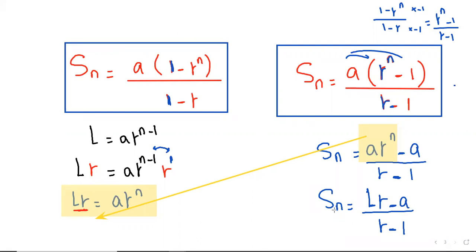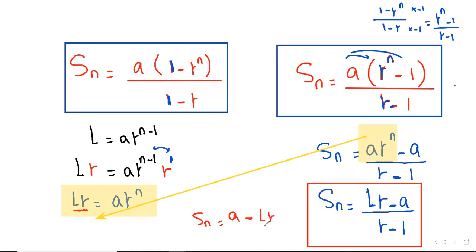So we have two rules to find the sum of a geometric series. Sn equals A multiplied by (1 minus R to the power of N) over (1 minus R), or we can say it's (LR minus A) over (R minus 1). And we can write this rule as (A minus LR) over (1 minus R). That's it.